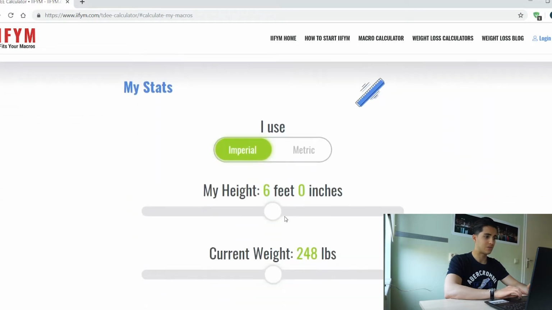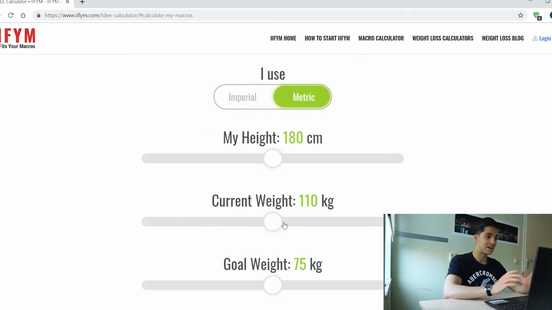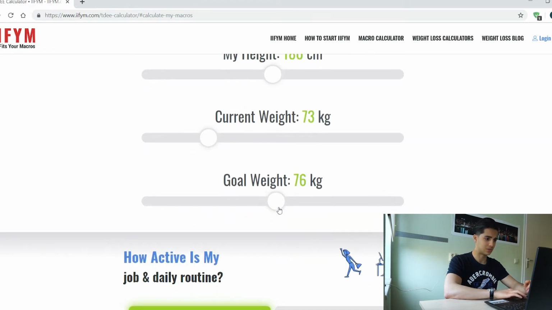Alright, for this equation I'm going to use metric. So my height is 180 centimeters, so that's good. And the current weight, 73 kgs. And our goal weight is to go to 69 kgs. No, let's do 70.